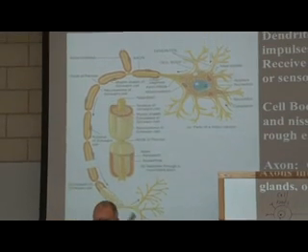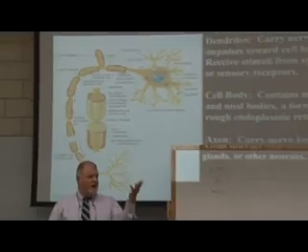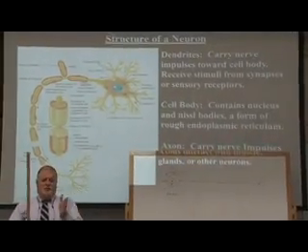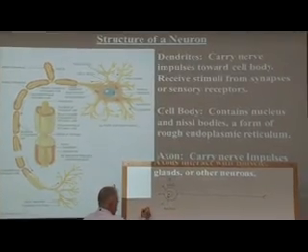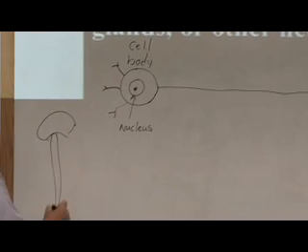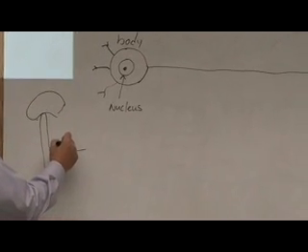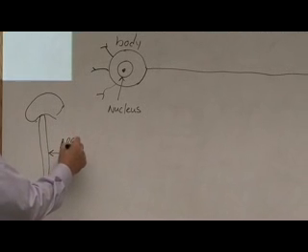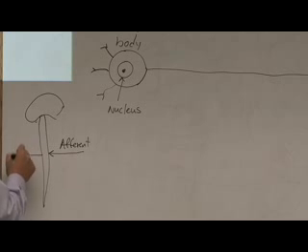Traditionally, what has been done is we've looked at direction of impulse travel. To compare this to what we've done already, we did the brain and the spinal cord, and we said impulses toward the spinal cord are afferent, and impulses away from the spinal cord are efferent.